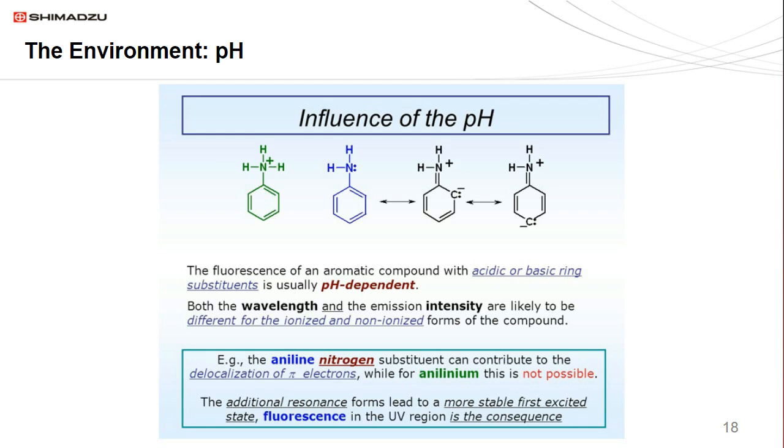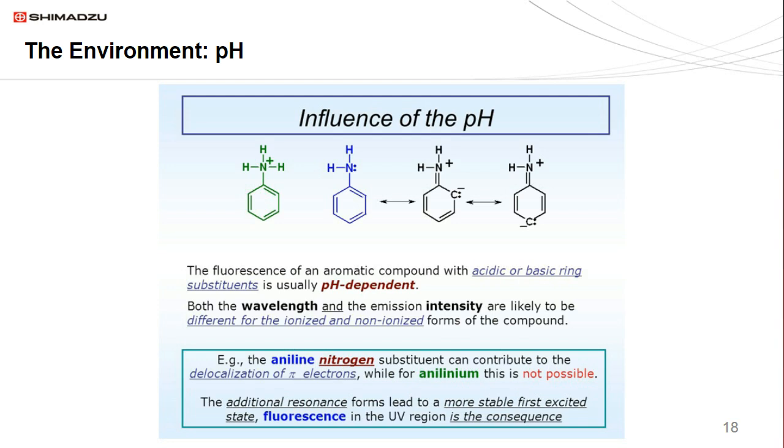Usually, the ionized and the non-ionized form will have very different emission wavelengths and intensities. If you are operating at a pH that is on or around the pKa or the pKb of an ionizable compound, you're literally working with a 50-50 mixture of two species that have different fluorescence properties.